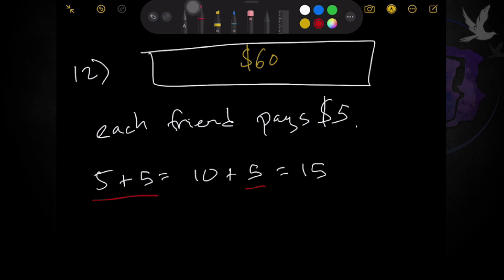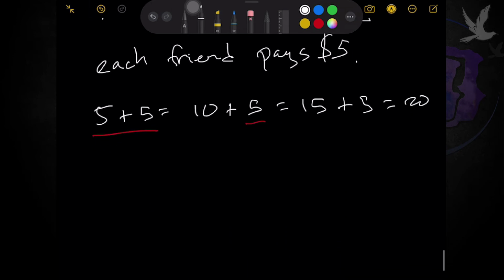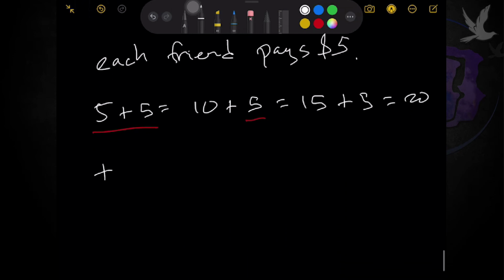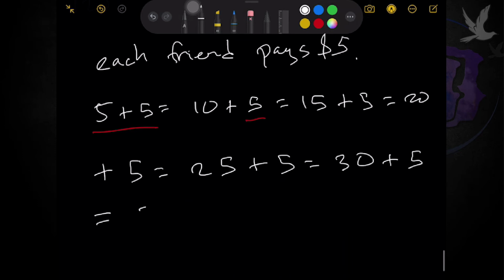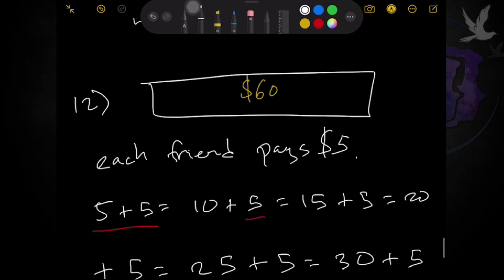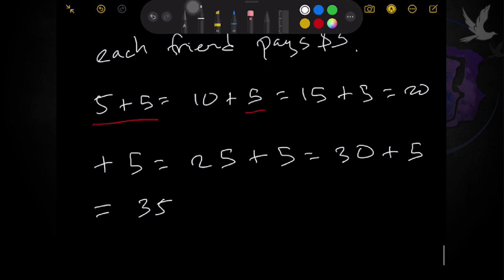Okay, let's try to continue adding lang muna. Plus another 5, it now gives us 20. Plus another 5, it now gives us 25. Plus 5 is equivalent to 30. Plus 5 is equivalent to 35 because our target here is 60. Okay?